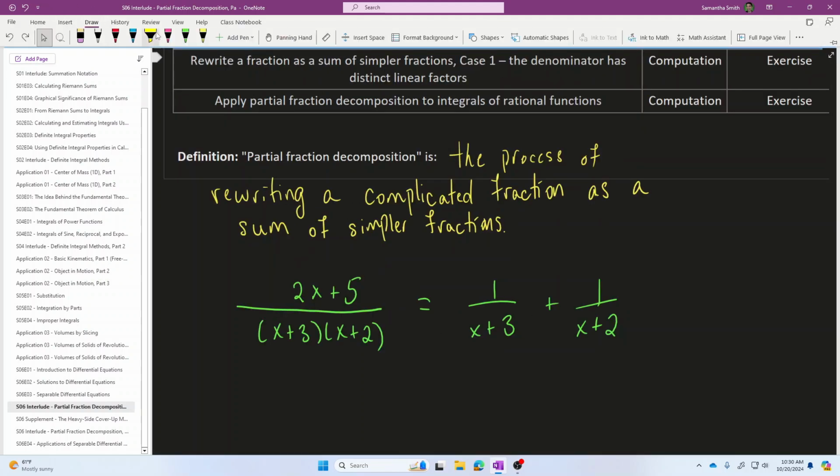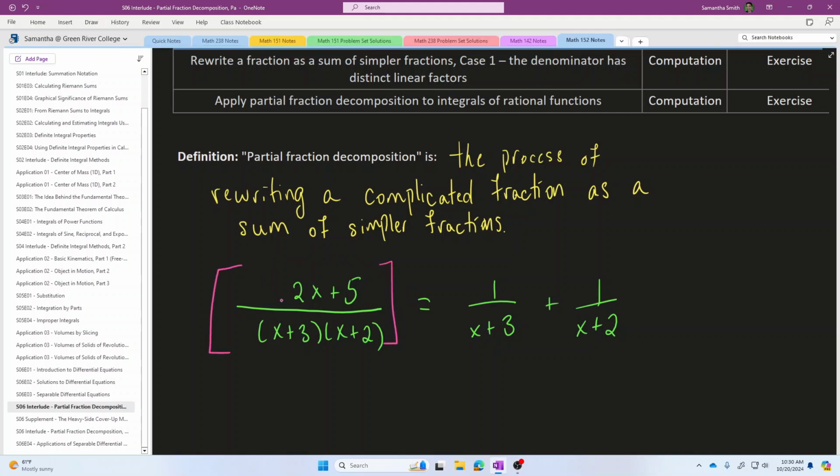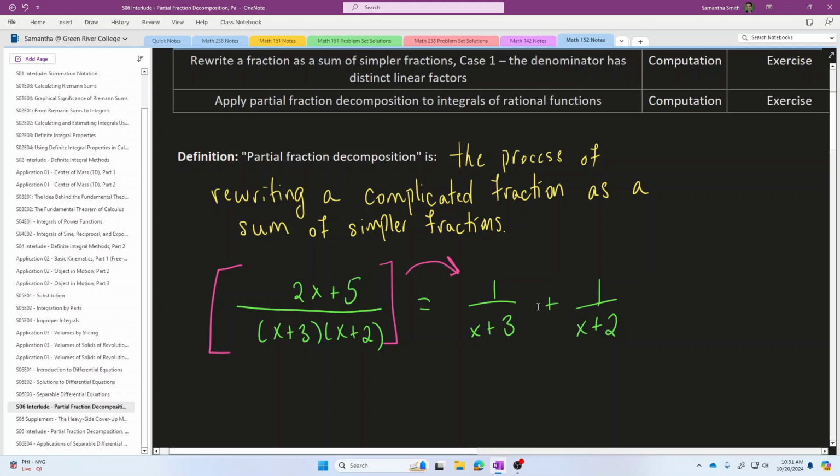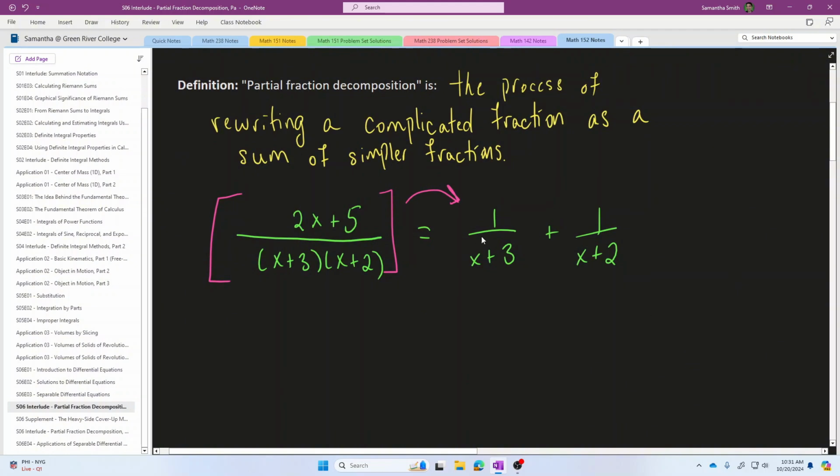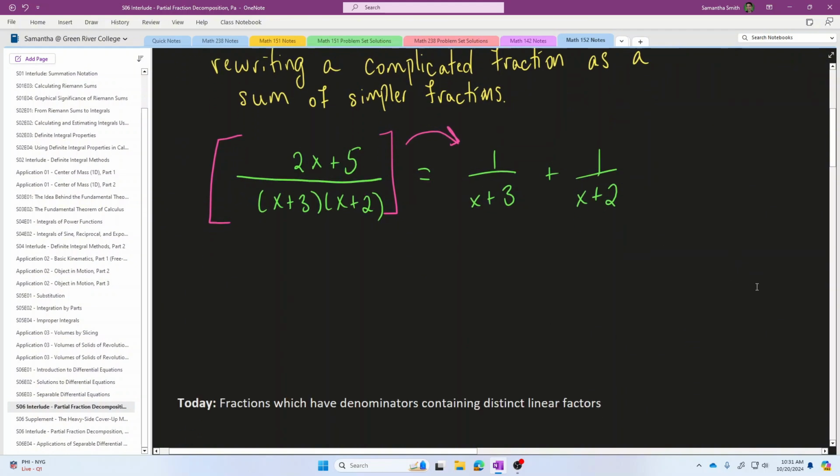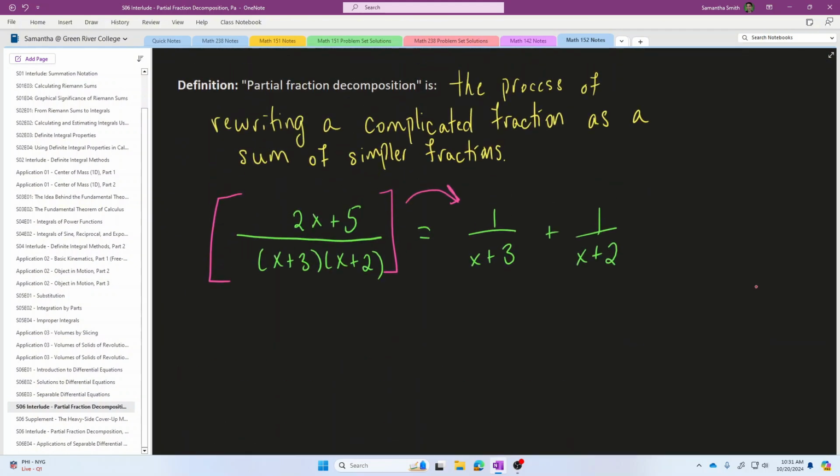What partial fraction decomposition will do is give us a way to take a complicated fraction that looks like this one on the left and rewrite it as this expression here on the right, two simpler fractions added together. And the reason why we might want to do something like that is that this very complicated fraction on the left would be very hard to integrate, wouldn't it?